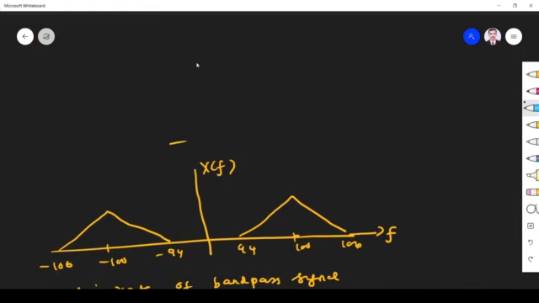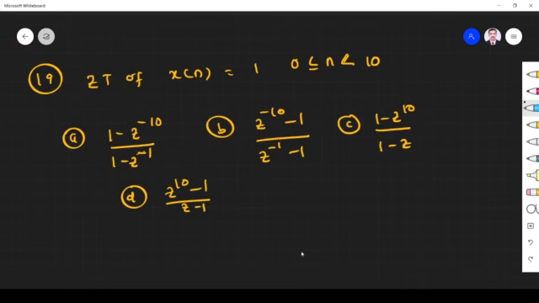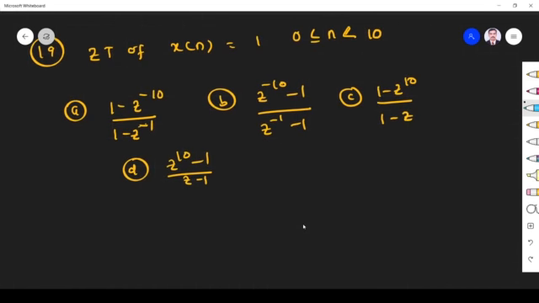Okay, next one. Z transform of x of n is equal to 1 for n less than 10. So summation, Z transform X of z is n goes from 0 to not 10, it is up to 9 only. X of n is always 1 for everything. So 1 into z power minus n.